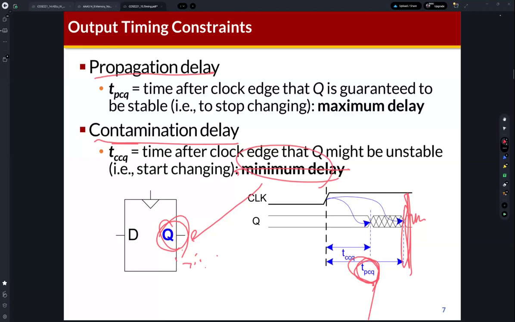So actually, we learned about this propagation delay and contamination delay in the combinational logic. The meaning is the same. The propagation delay and contamination delay explain the timing property of the output port, the output signals, right? It's the same for this D flip-flop and combinational logic.